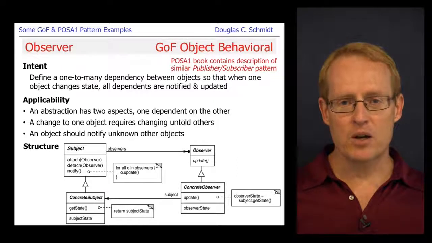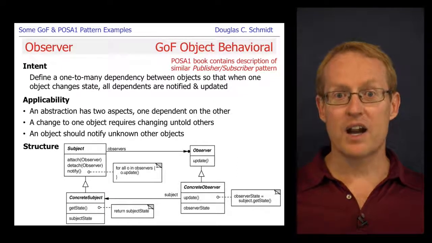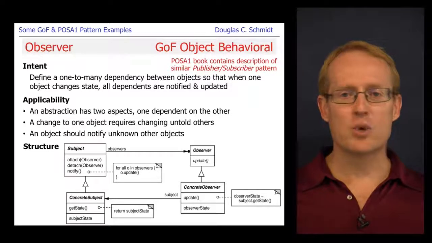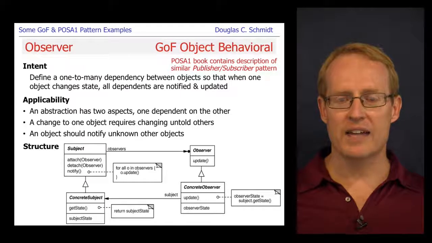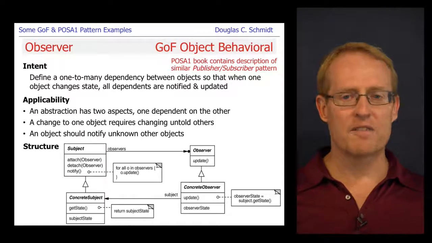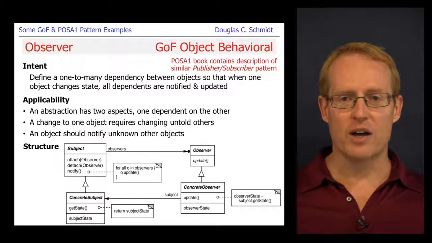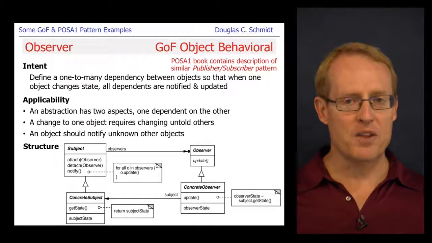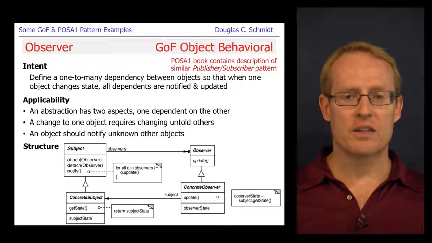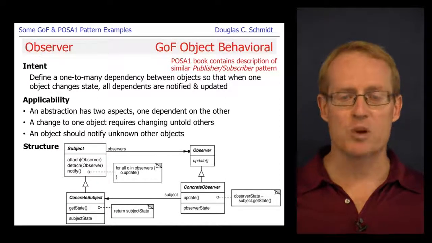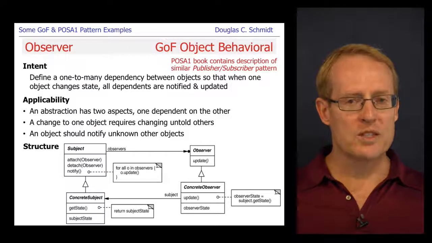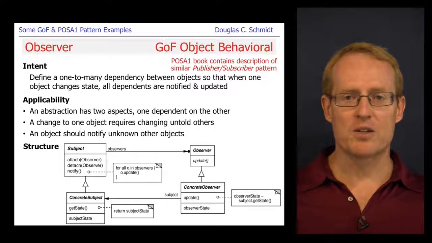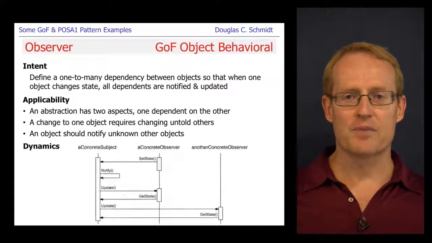And when the update hook method is called back, in the concrete observers, they can then do their thing. And they can do their thing in various ways. They might go ahead and make a method call back to the subject or some other source of data to find out more information about what's going on. Conversely, the update method itself might pass along the information of what's changed or a hint to what's changed to speed up that lookup process. Once again, though, there's many different ways to implement this pattern. This is just a common way to look at it.